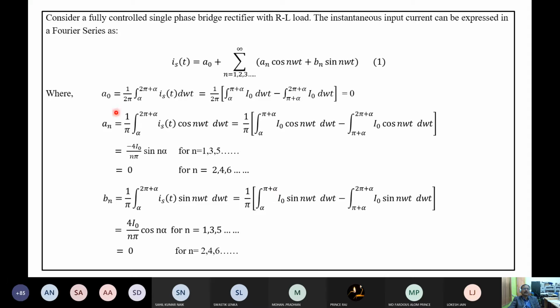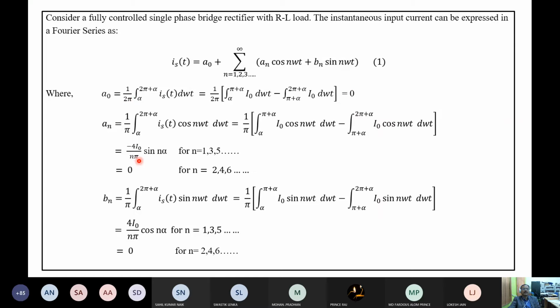Here an is equal to 1 by pi, integral from alpha to pi plus alpha of IS(t) cos n omega t d omega t. So you will get minus 4 I naught by n pi sin n alpha. You have studied this in Fourier series. So bn is equal to, this will be changed to sin n omega t, 4 I naught by n pi cos n alpha. A naught is 0.